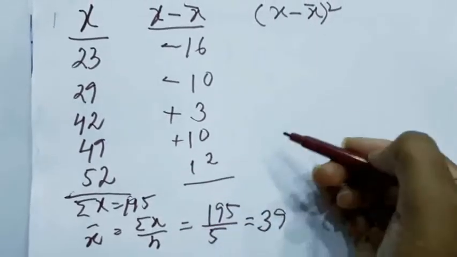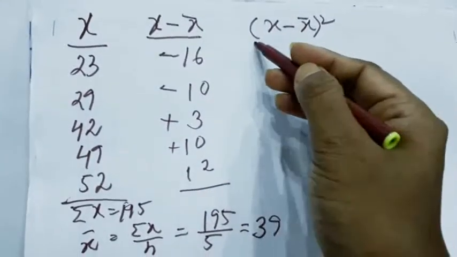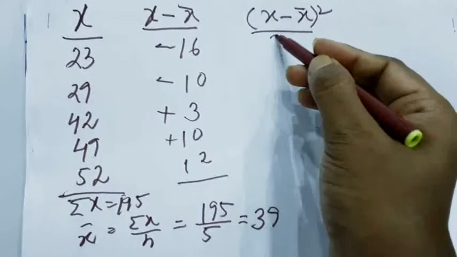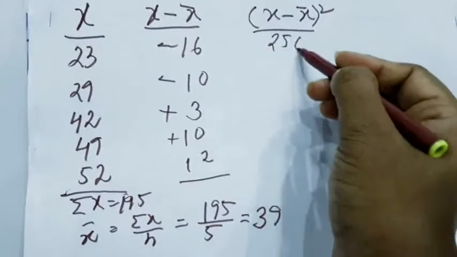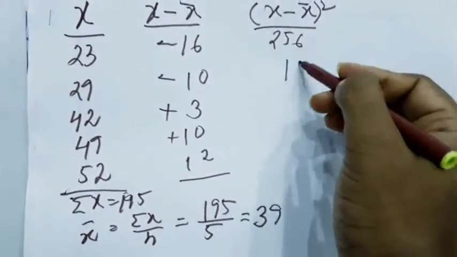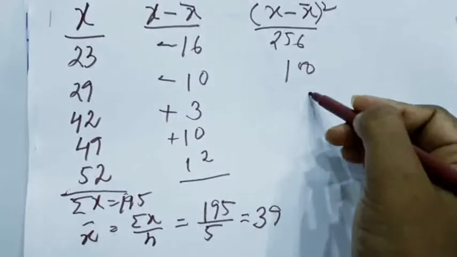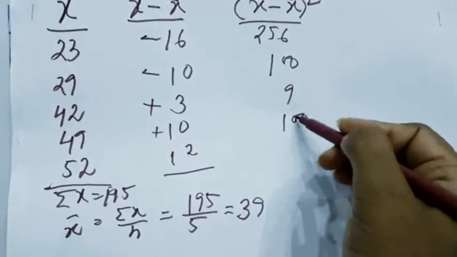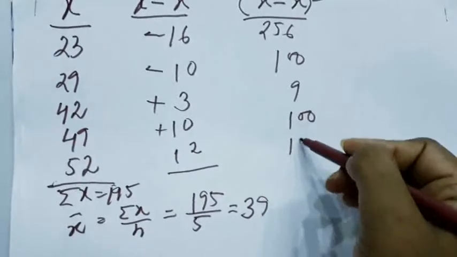Okay. Now we have to make it square. 16 into 16, how much is it? 256. 10 into 10, 100. 3 into 3, 9. 10 into 10, 100. 12 into 12, 144.